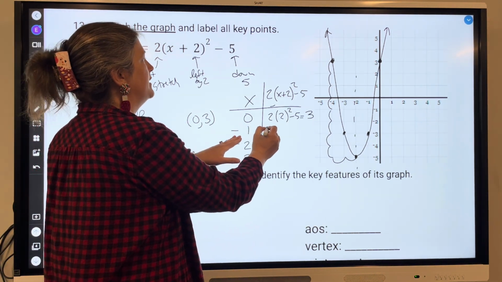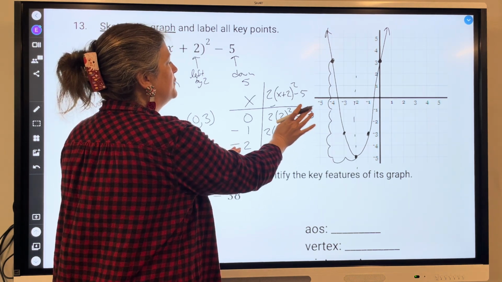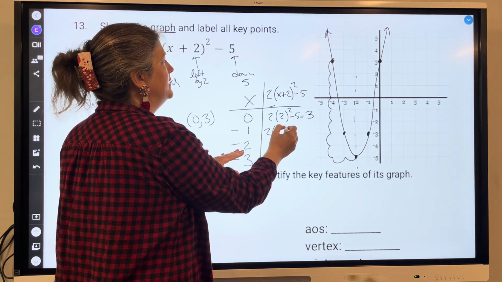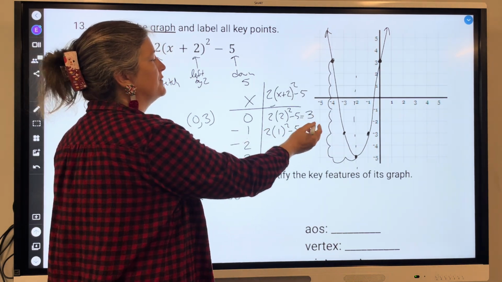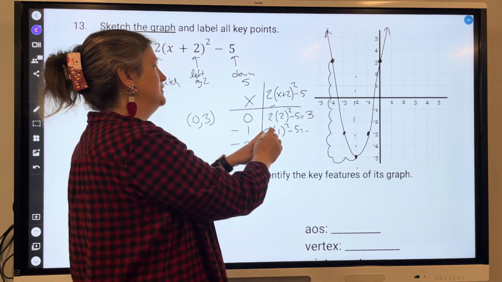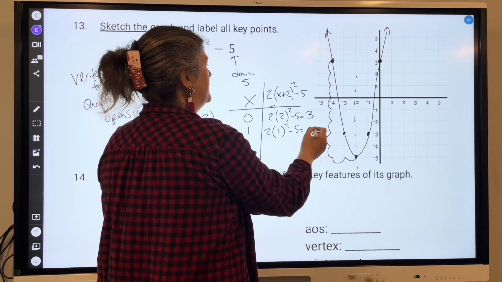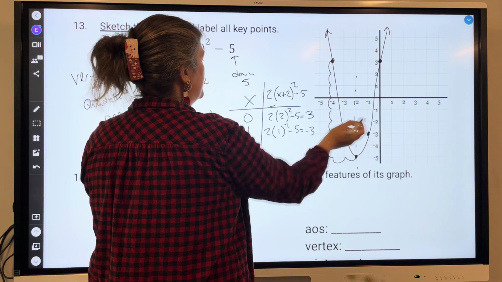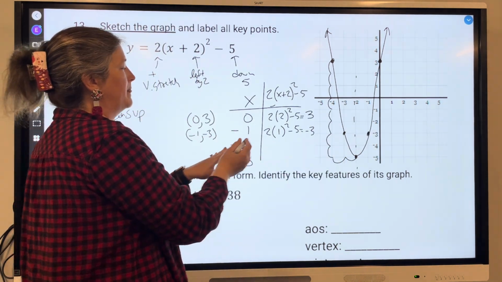Now when I plug in -1, I have 2 times -1 plus 2, which is 1 squared, minus 5. That is 2 times 1 is 2, minus 5 is -3. There we go. Oh good, that point is there. So I have the point -1, -3.